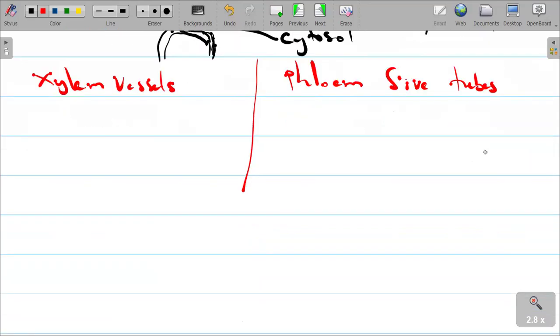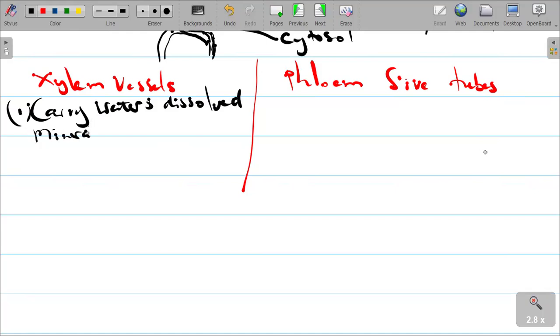When it is like that, I'm sure that you know that the xylem vessels actually carry water and dissolved mineral salts. Of course, you know the phloem actually transports dissolved food.